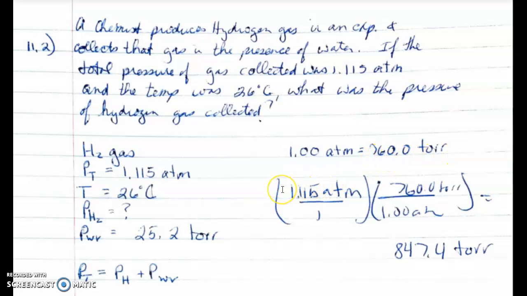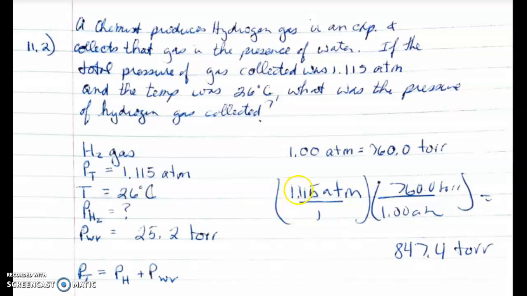And so I'm going to convert to torr, so I have 1.115 atmospheres, and I'm going to multiply that by 760.0 torr over 1.00 atmospheres. This allows the atmospheres to cancel out, and the final answer is in torr.